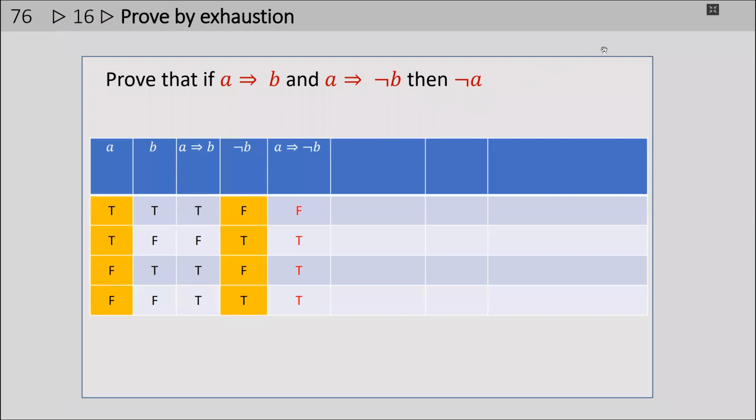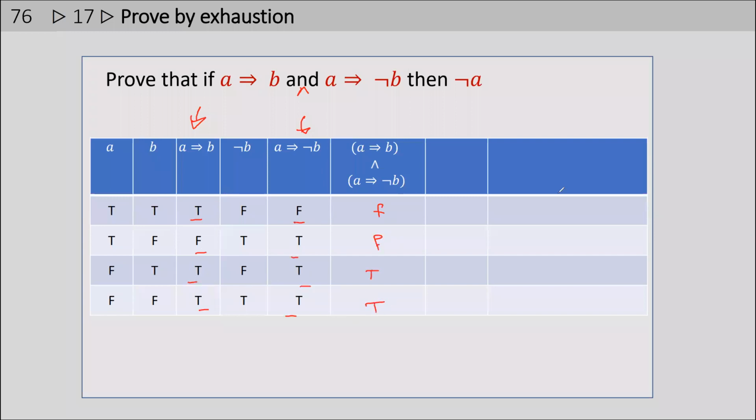Now you would like to have the conjunction between the two together. The conjunction between this column and this column: true and false is false, false and true is false, true and true is true, true and true is true. So here are the results: false, false, true, true.